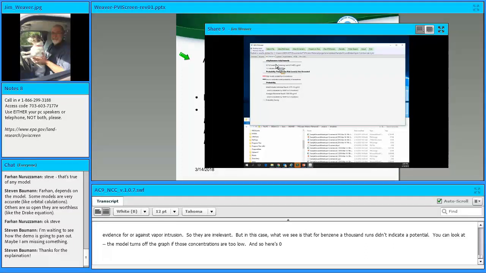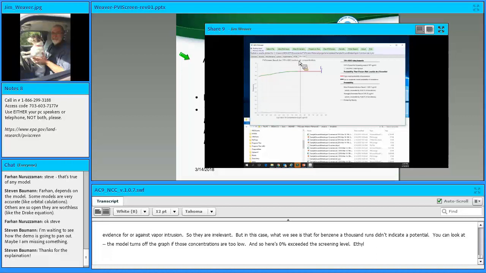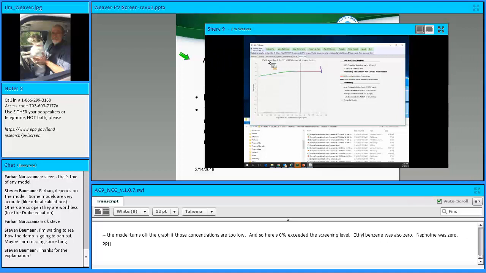Ethylbenzene was also 0. Xylenes is 0. Naphthalenes is 0. MTBE was 0. TPH-GRO is also 0. So for every one of these constituents, the 1,000 runs of the model indicated no potential for vapor intrusion.